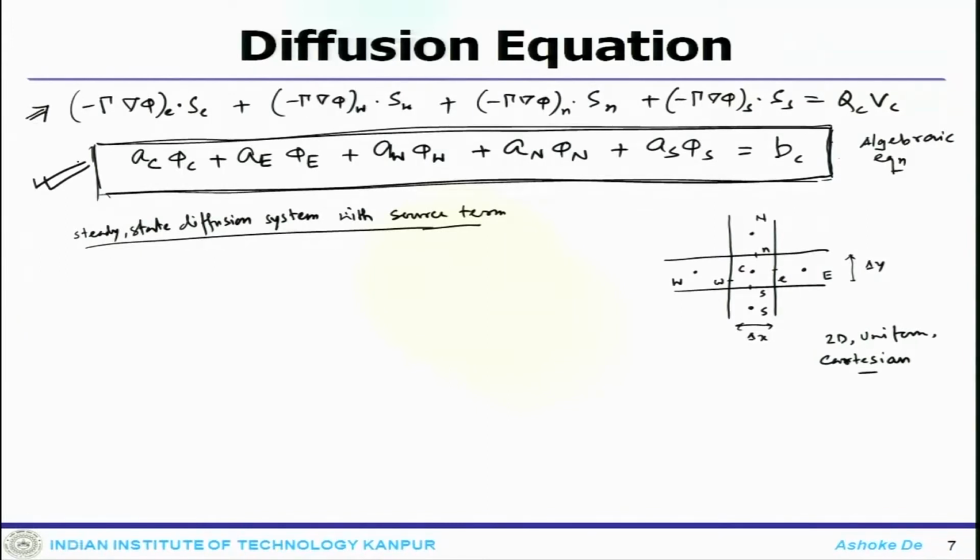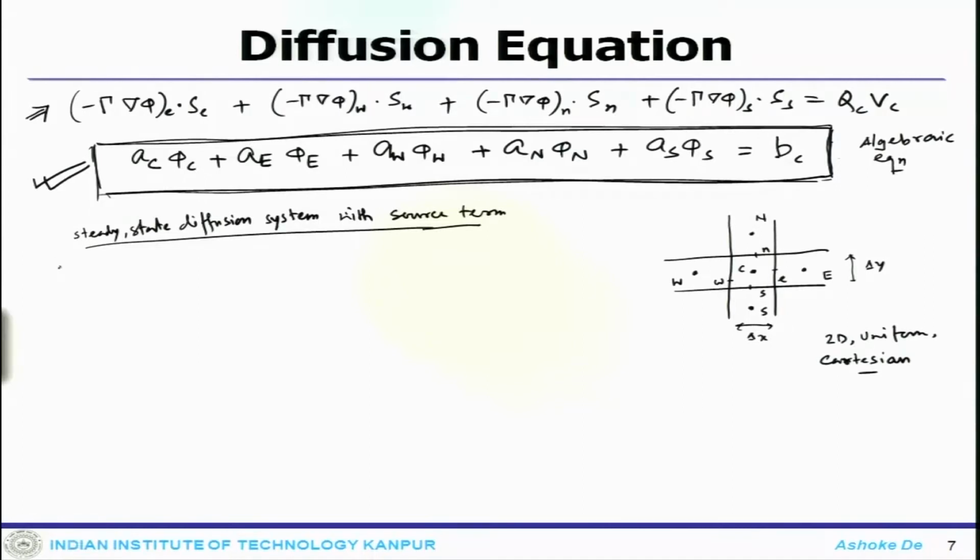All these variables, phi C, E, W, N, S, belong to each cell: phi C belongs to the element C, phi E represents the variable in element E, phi S for element S, phi N corresponds to element N, phi W corresponds to element W, and the associated coefficients are A C, E, W, and so on.